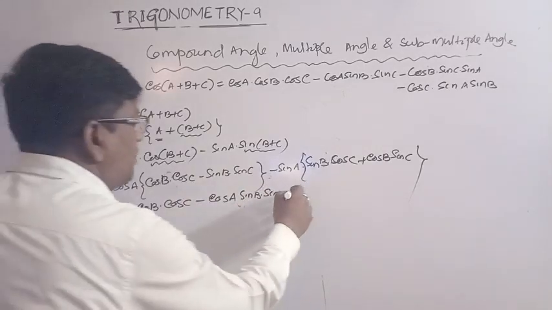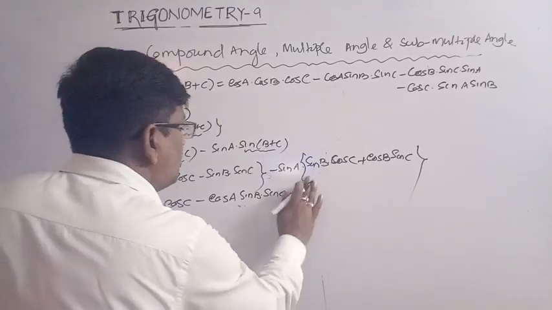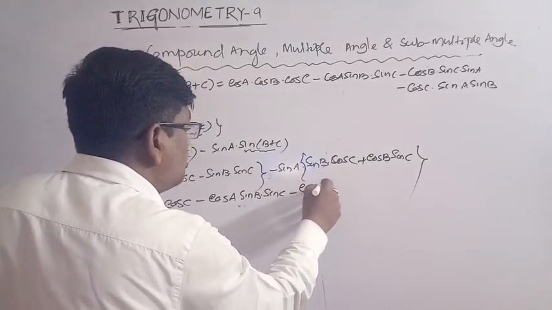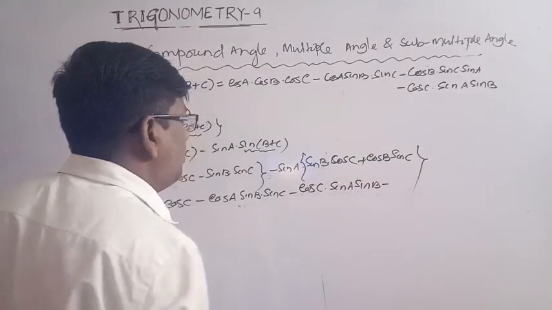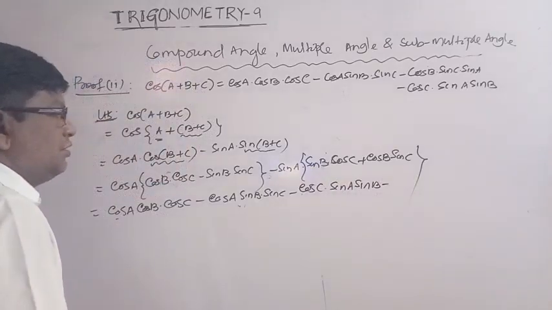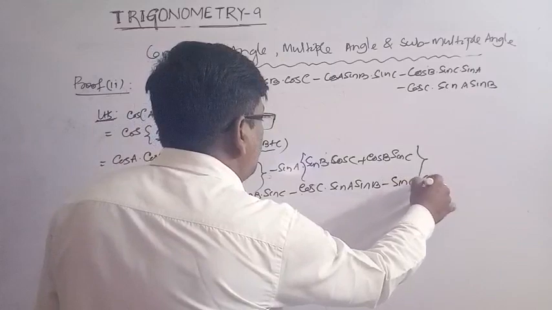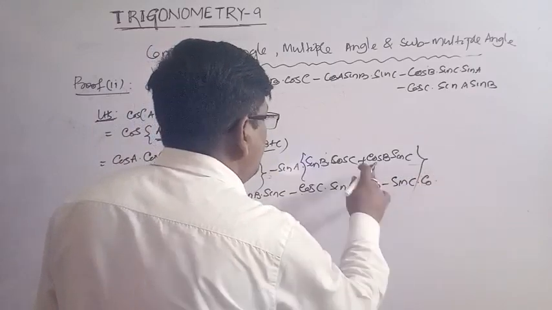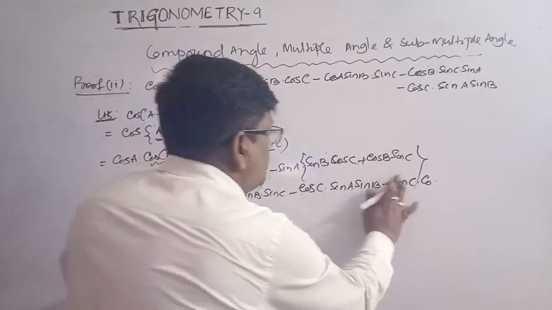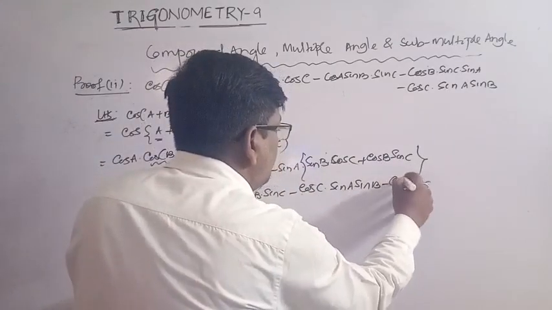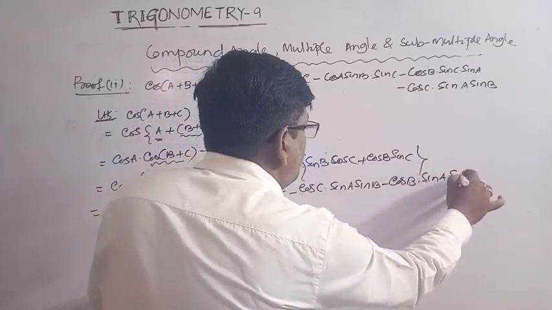Again minus sin a, so write cos c into sin a into sin b, minus sin c into cos b into sin a into sin c.